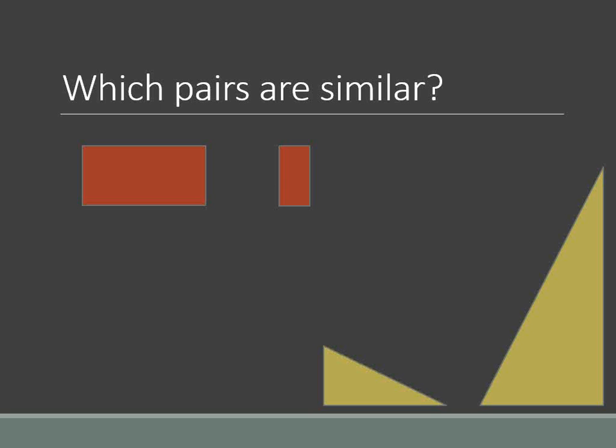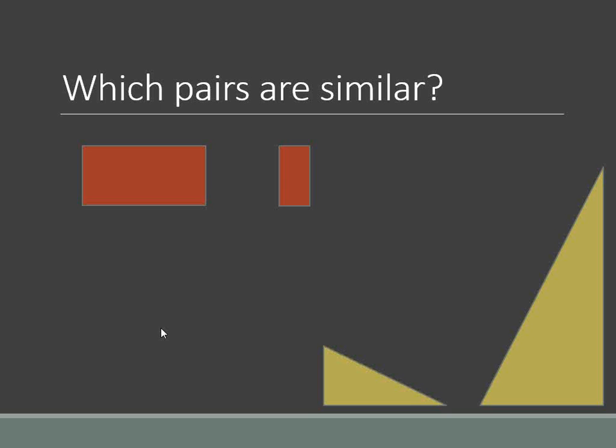Go ahead and chat if you think those red rectangles are similar. Okay. I see some yeses. How do we know if we don't have the measurements of the sides? Excellent question. Okay, thank you for chatting your answers in.